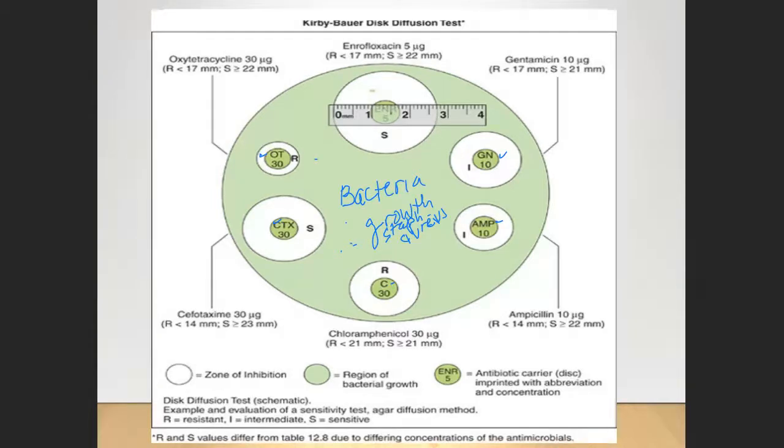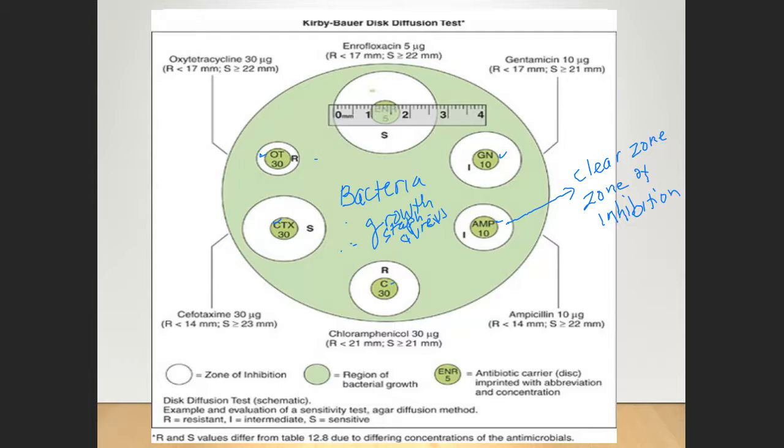When we put the drugs in it, what happens is there is a zone of inhibition over here. So this is a clear zone, or zone of inhibition.